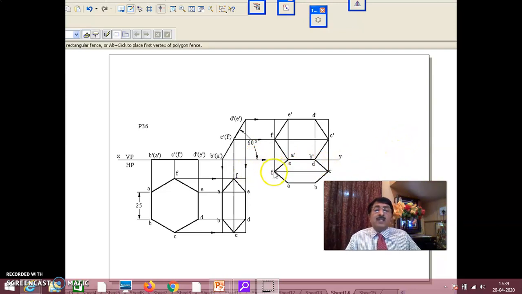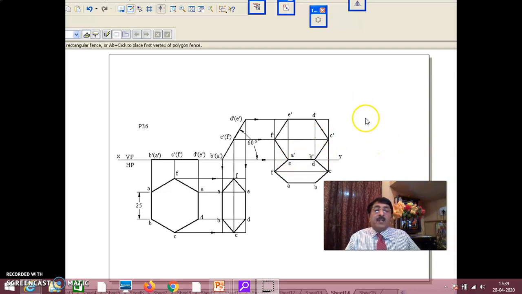See here, once it is in this position, if you draw x1 y1 and the side view, the RPP left view, looking from here, you are getting E double dash bracket A double dash, F double dash bracket C double dash, A double dash bracket B double dash, and if you join that, it will be a line.